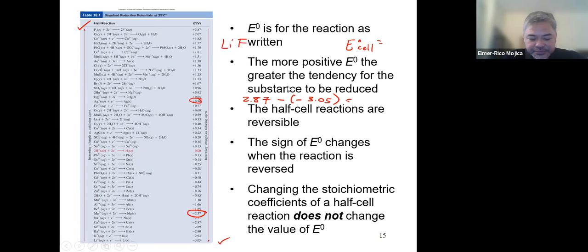So, this is one of the basic and, I think, the most important things that you need to know so far in the lecture that we have today. If you're given the reduction potentials, you should be able to predict which one is reduced and which one is oxidized. Okay?